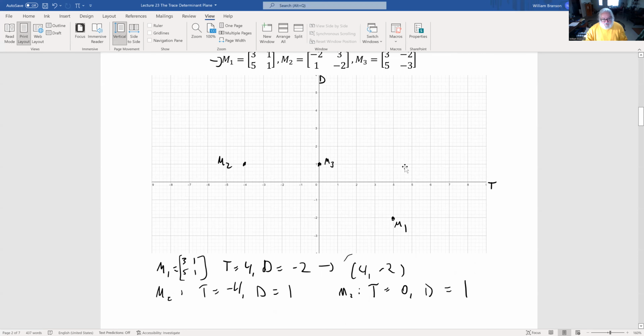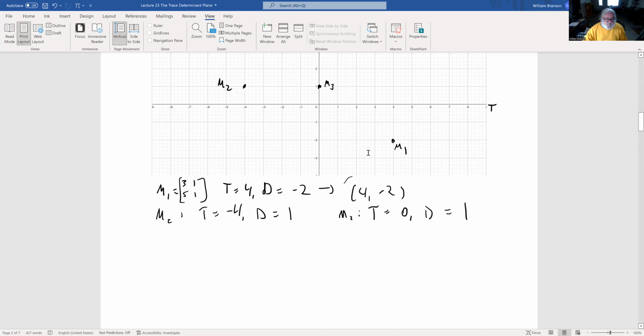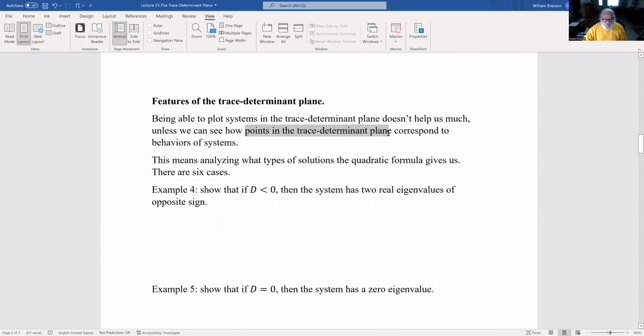It actually turns out to be very useful because we can classify regions of the trace determinant plane according to the behavior of the corresponding system. So, how points in the trace determinant plane correspond to behaviors of the system.